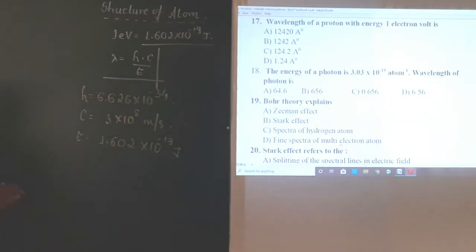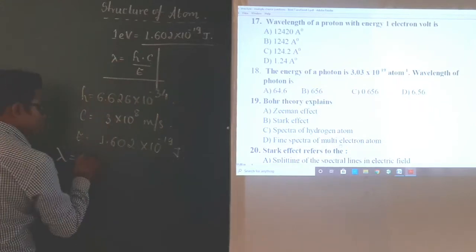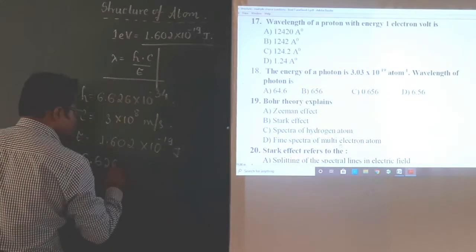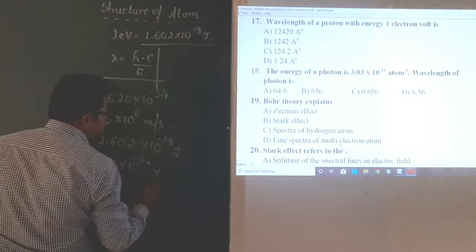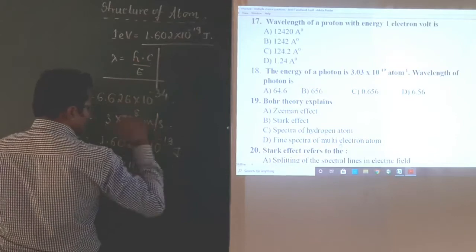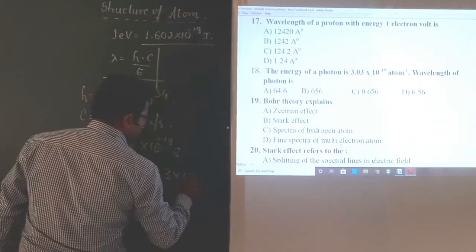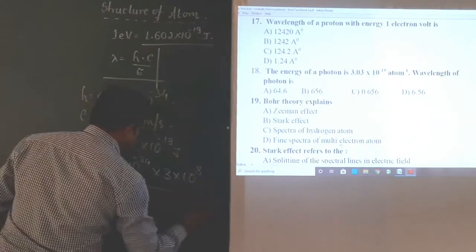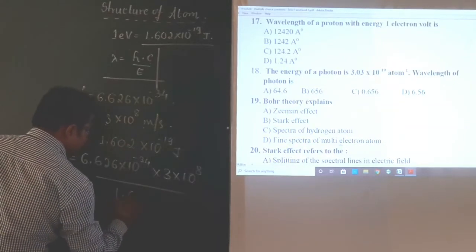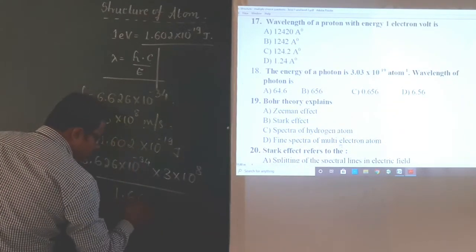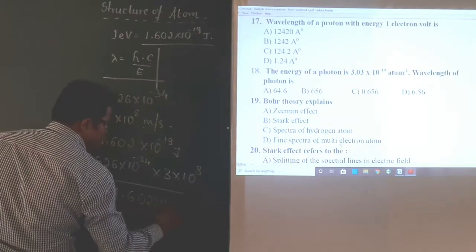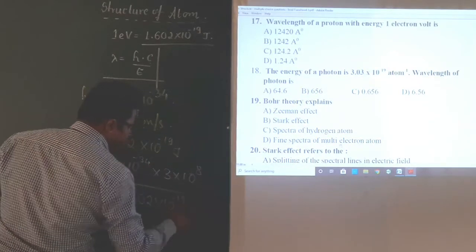Right? So, taking this entire scenario into consideration and substituting, lambda is equal to 6.626 into 10 raised to minus 34 into 3 into 10 raised to 8, the whole thing divided by 1.602 into 10 raised to minus 19.